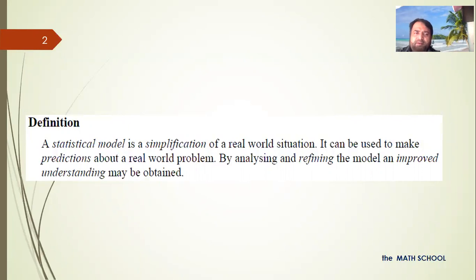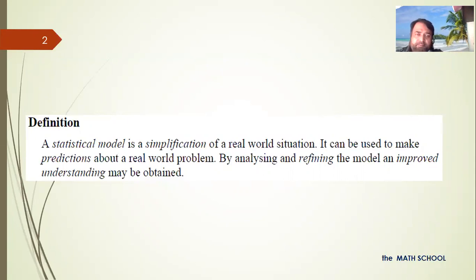That means we proceed with the model, then when we find any problem in it, and if the result is not coming to our expectation or it's not realistic, we need to refine some part of the model, or maybe sometimes we have to change the full model. So that is statistical modeling.